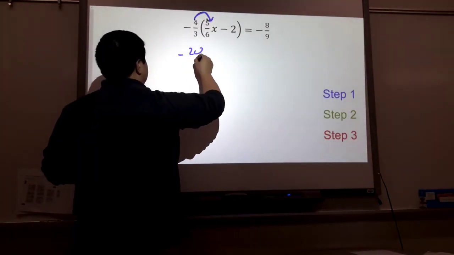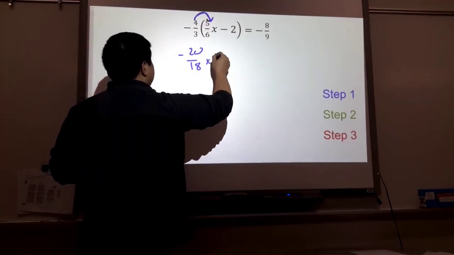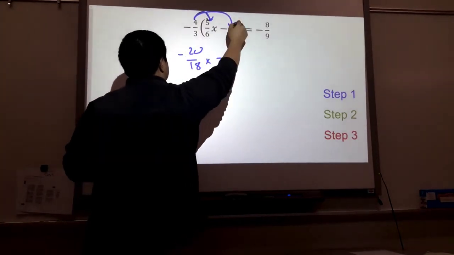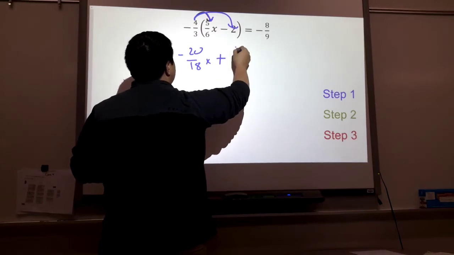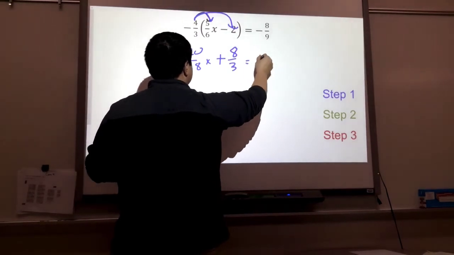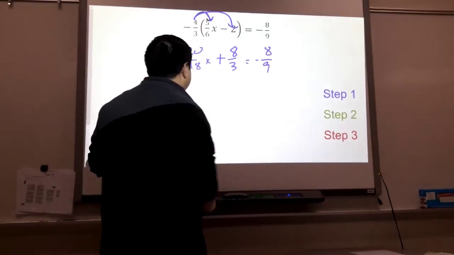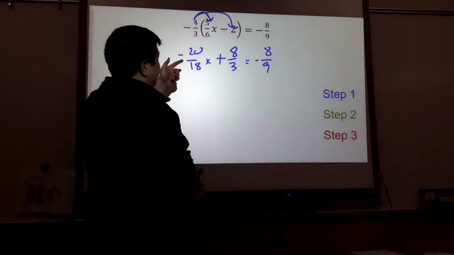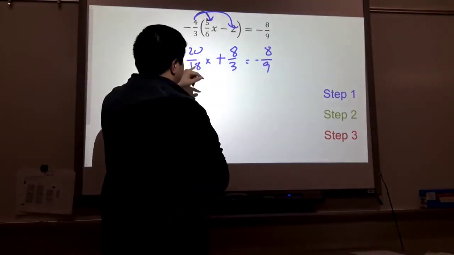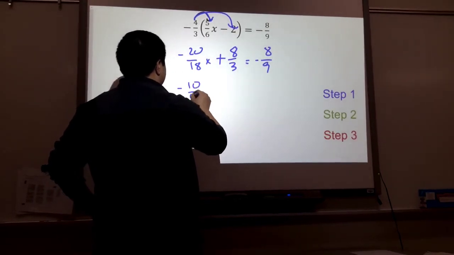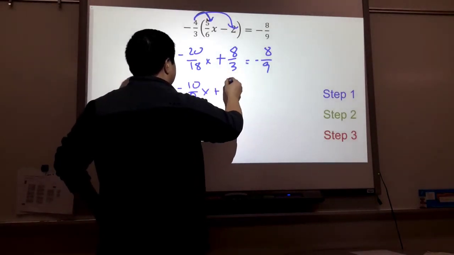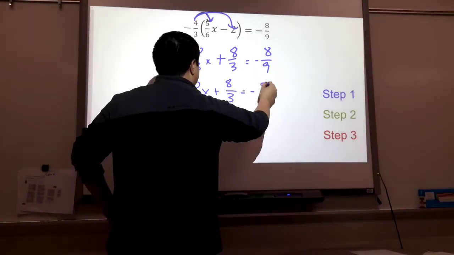Negative 20 over 18x, plus, because negative times a negative, this is 8 over 3 equals negative 8/9. This can simplify to negative 10 over 9x plus 8/3 equals negative 8 over 9.